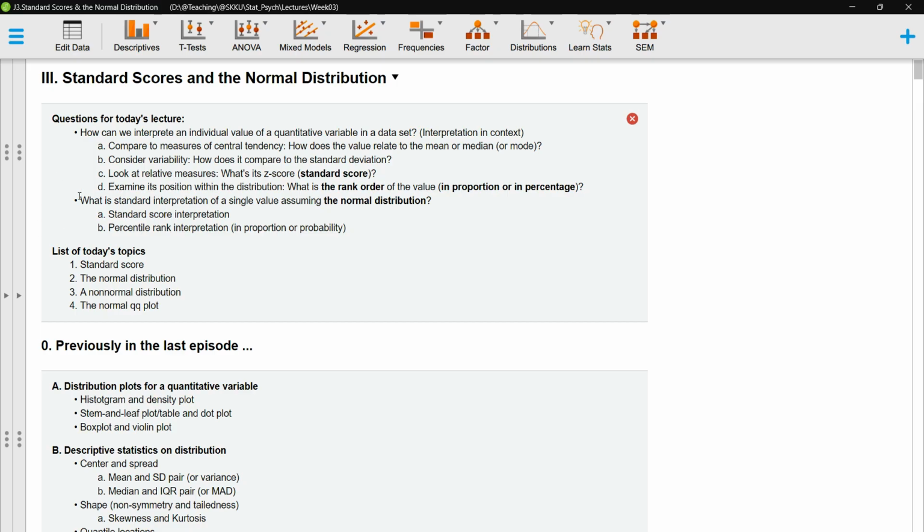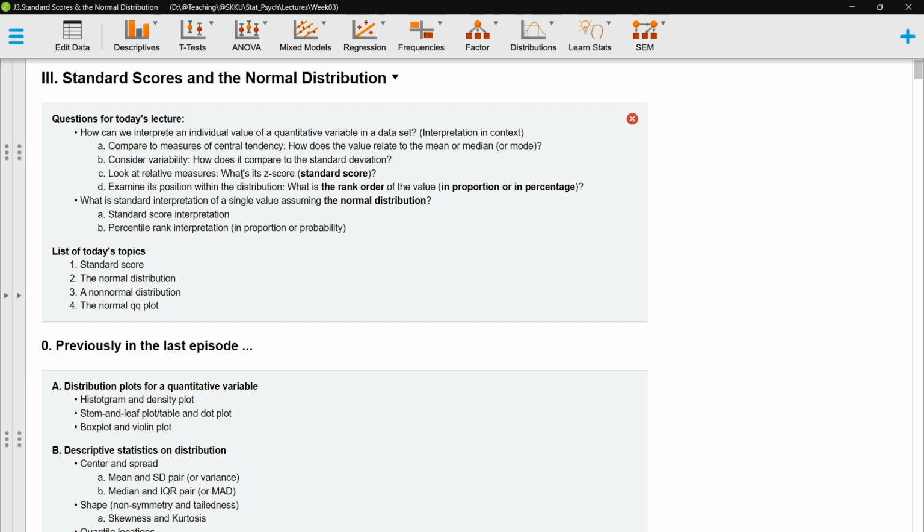Alternatively, we can examine an individual value's position within the distribution, within the whole data set, in terms of rank order. What is the rank order of an individual value in the whole data set, in terms of the proportion or in terms of the percentage?